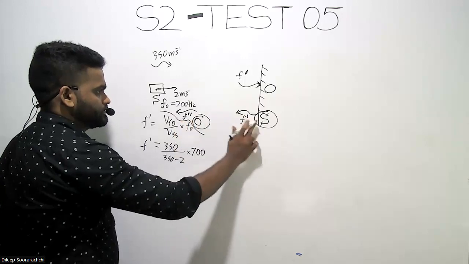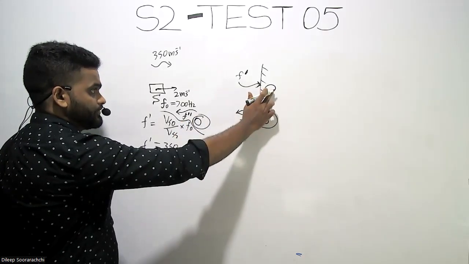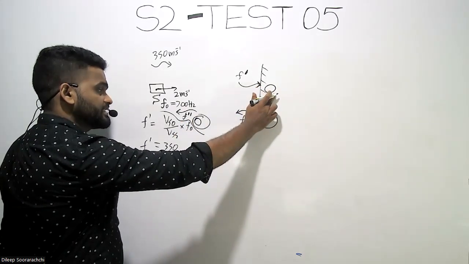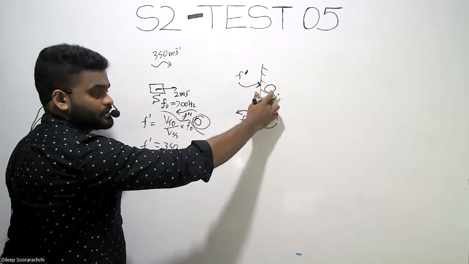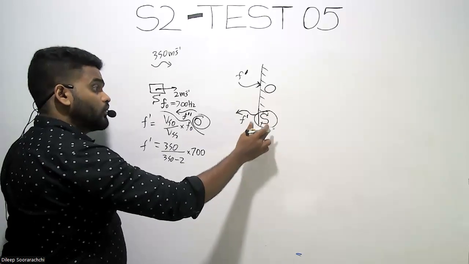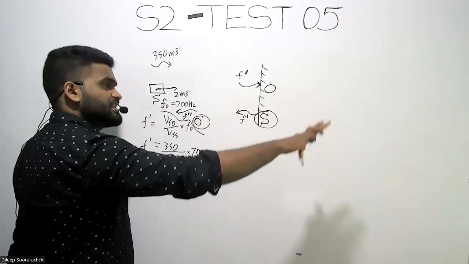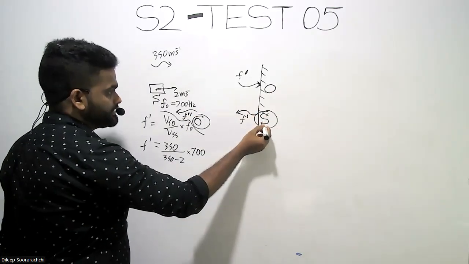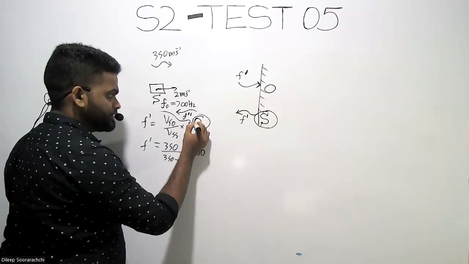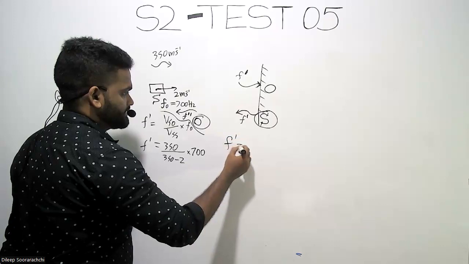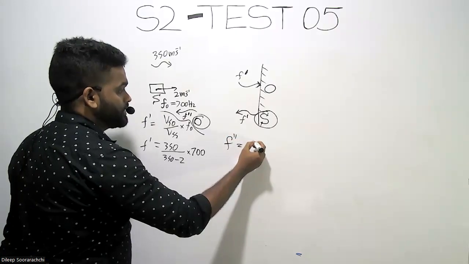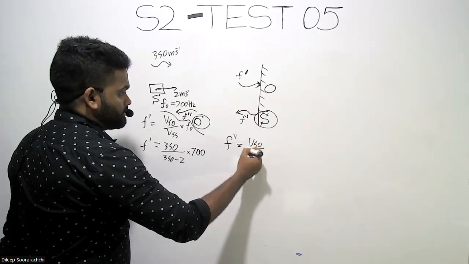In the previous case, the wall was at the receiving end, so it became the observer. Now the wall is emitting sound, so this becomes the source, this becomes the observer. Right, again use the same equation, f double dash, V minus V_O, V minus V_S.